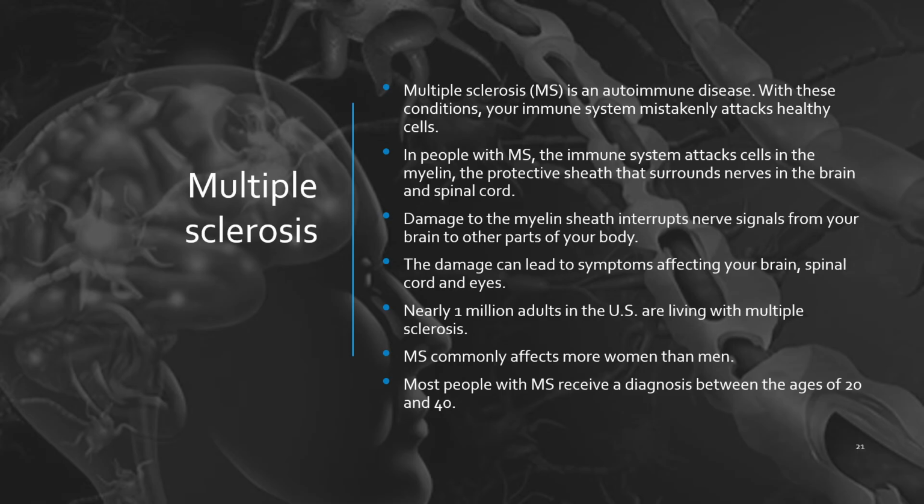Multiple sclerosis is an autoimmune type of disorder. And the impact of multiple sclerosis is on the myelin sheathing around our nerve cells. When you think about a myelin sheathing, think about an electric circuit, where you have a copper wire and then you have a plastic outer membrane around the copper wire.